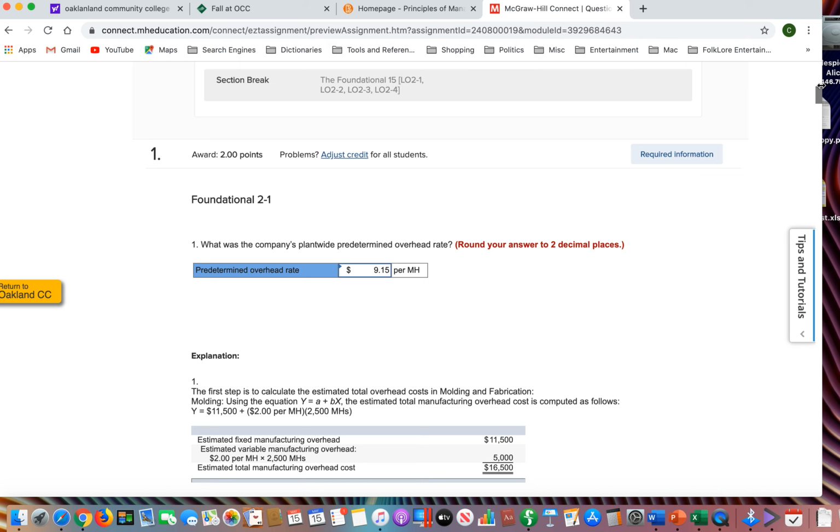Okay? Now, something I want to bring to your attention, the two different methods. One method was plant-wide, company-wide, or plant-wide rather. The other one was by individual departments. The cost of goods sold plant-wide would be 124,260.